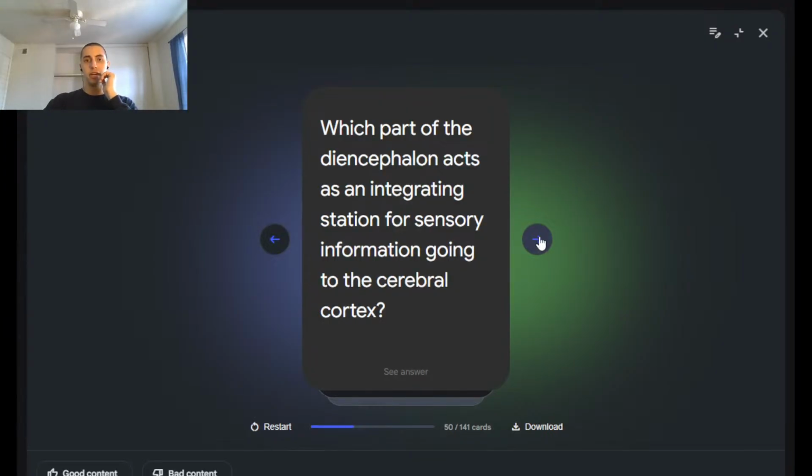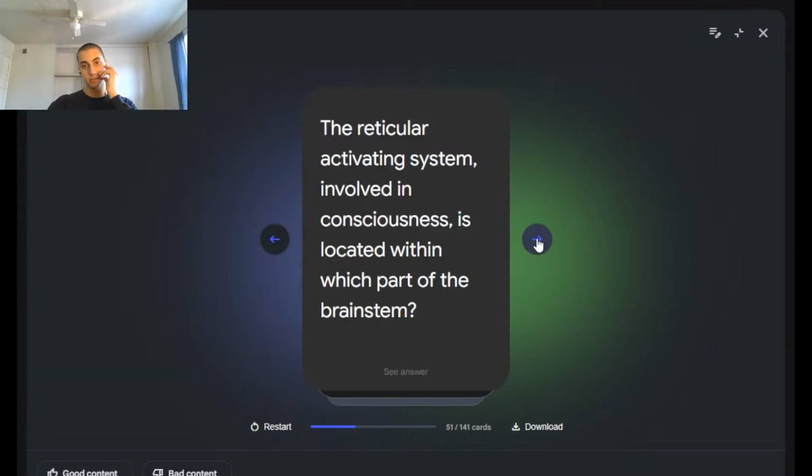Which part of the diencephalon acts as an integrating station for sensory information going to the cerebral cortex? The thalamus.